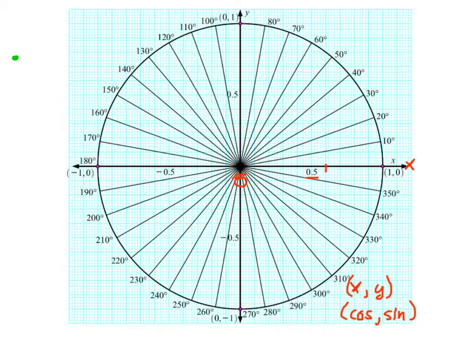So this guy right here is 0.6, this is 0.7, this is 0.8, this is 0.9, and we can see that 30 degrees lies between 0.8 and 0.9, and if we count carefully, we see that it's between the third and fourth column, and so we can estimate this x-coordinate to be about 0.87.